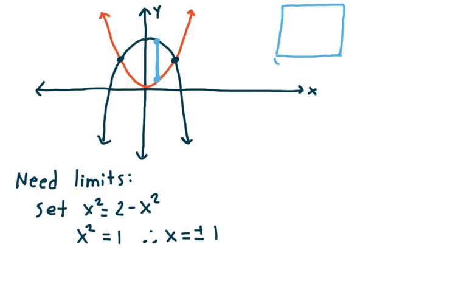So the question I have is, what's the length of that blue line? The length of that blue line is going to be 2 minus x squared minus x squared. So basically I'm going to take the top function minus the bottom function.